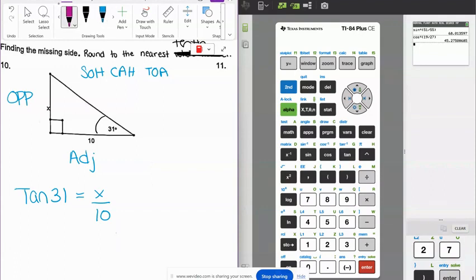So back to our algebra skills. I need to solve for x. In order to solve for x, it needs to be completely isolated. It needs to be by itself on that one side. So in order to isolate the x, do we all agree I need to get rid of the 10? The 10's being divided. So to undo division, we multiply by 10 on both sides.